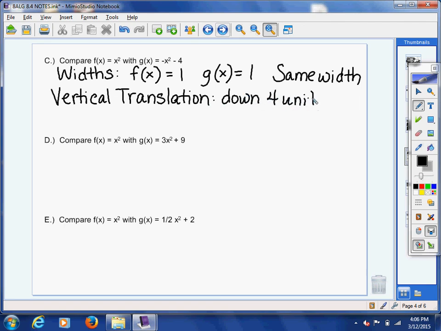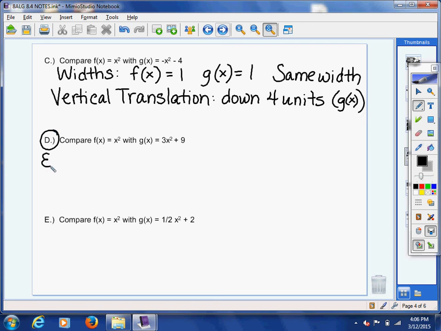So that's what's going to happen with g of x, it's going to go down 4 units. That's how it's going to move away from f of x. Now, I hope I was really super clear. If not, we will talk about this a little bit more in class tomorrow, and if I need to actually graph these for you, I will. I was kind of hoping I didn't have to graph them.